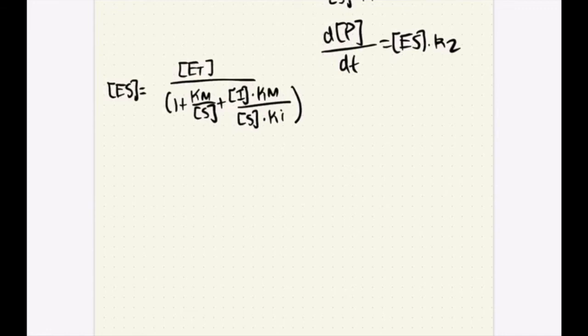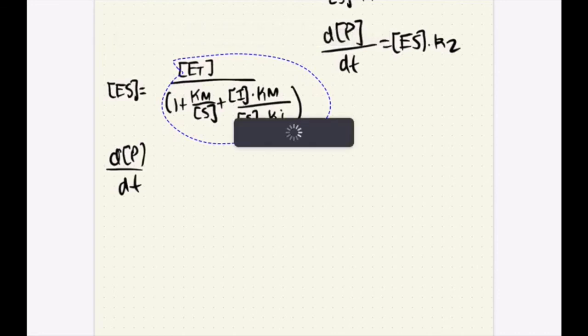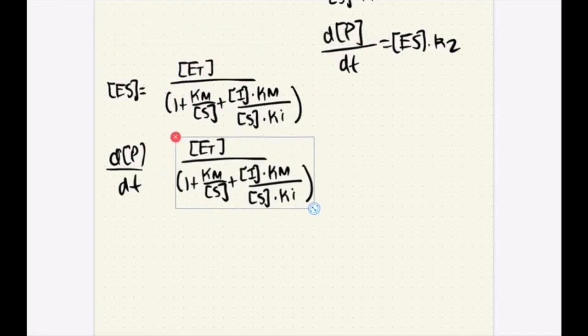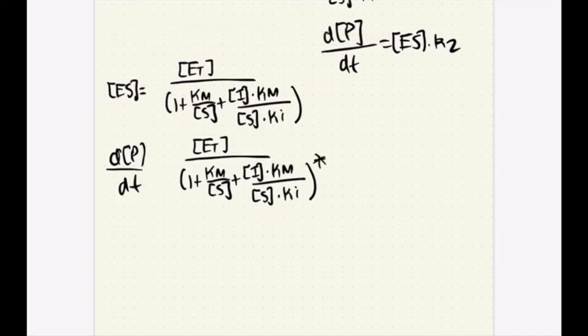So now we're going to be putting this back in. So we can make dP/dt equal to this right here multiplied by the K2 rate parameter.